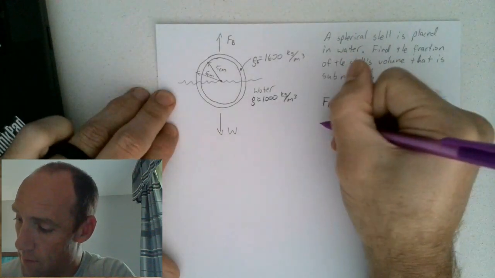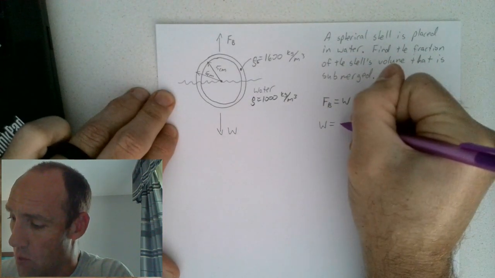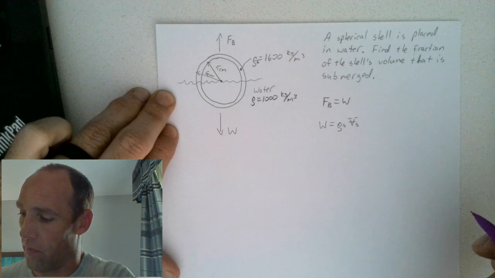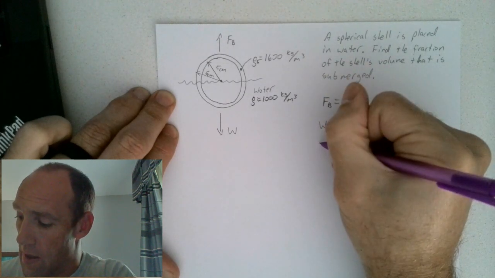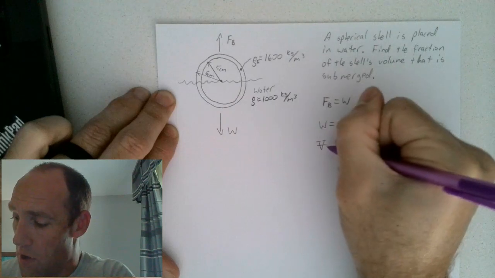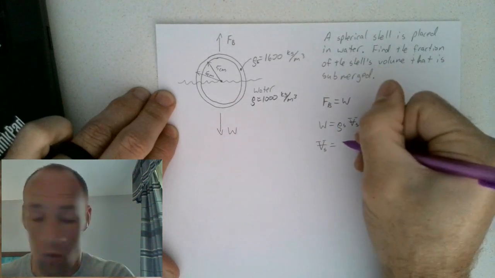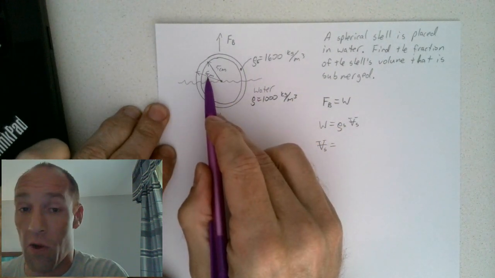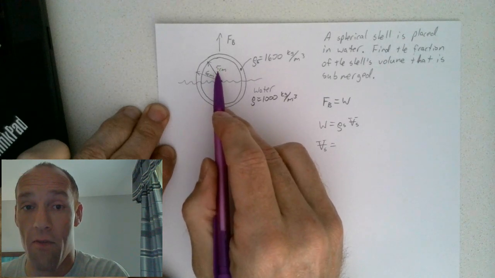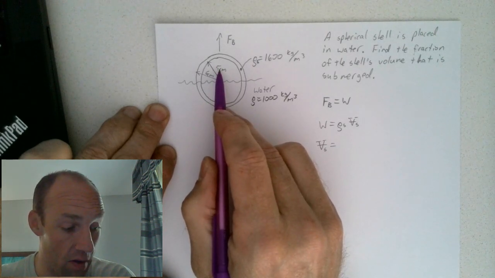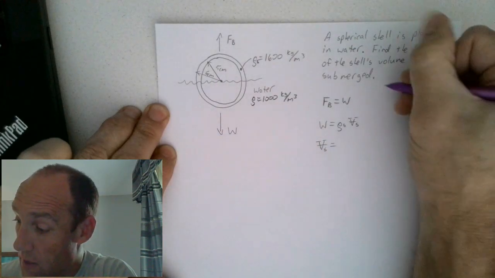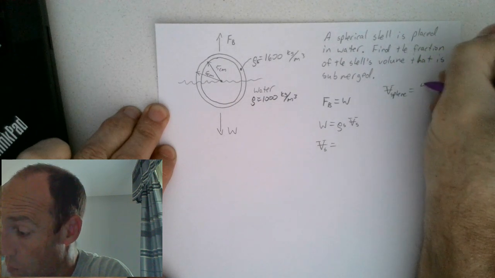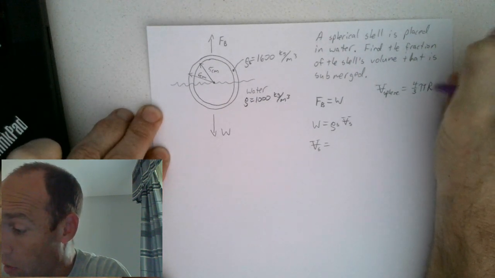So what is the weight? The weight is going to be equal to the density of the shell times the volume of the shell. The volume of the shell is going to be equal to the volume of a sphere, a 6 centimeter radius sphere, minus the volume of a 5 centimeter radius sphere. The volume of a sphere is 4/3 pi r cubed.